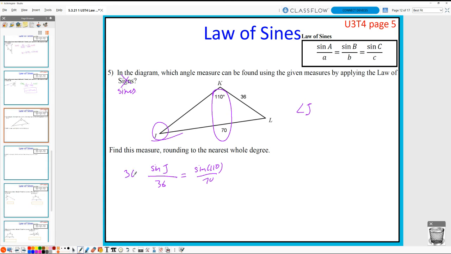So I'm going to multiply both sides by 36. And then what I'm going to do here is, for sine of J, I'm going to take the inverse sine of both sides.